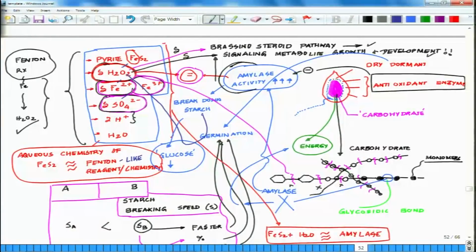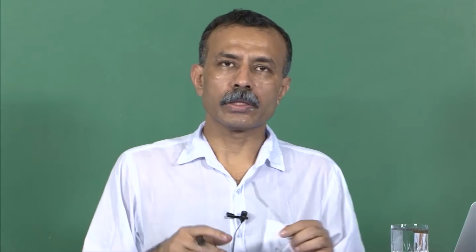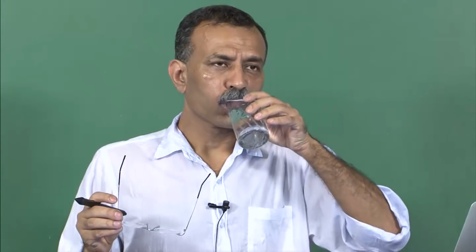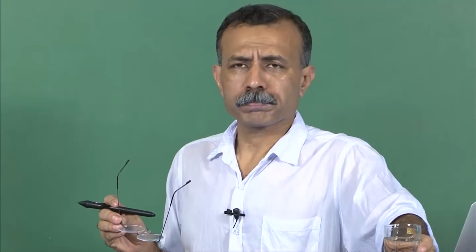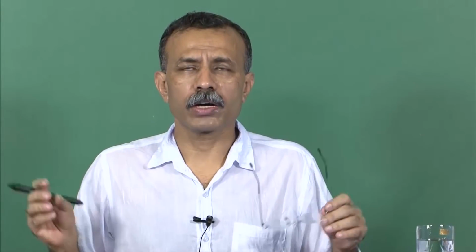starch molecules, which essentially mimics the amylase activity, and due to this breakdown of the starch molecule, the treated plants get a better startup as compared to the plants which are not getting that fast supply of energy.